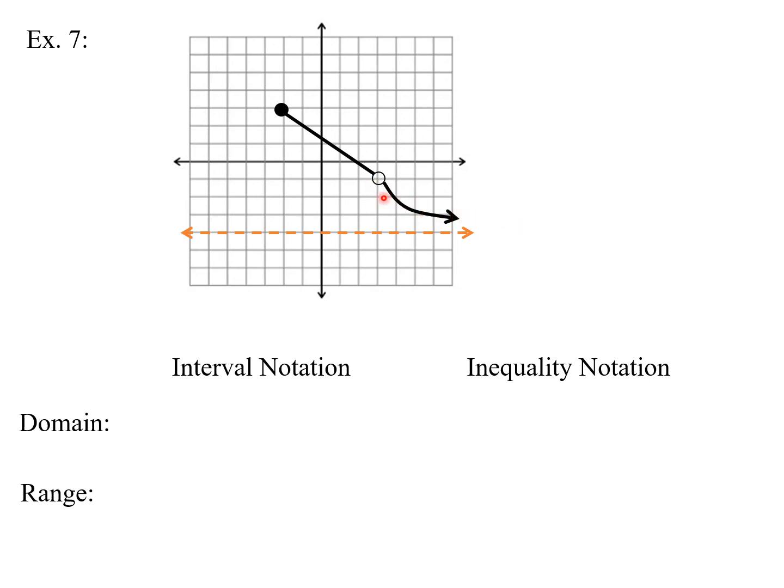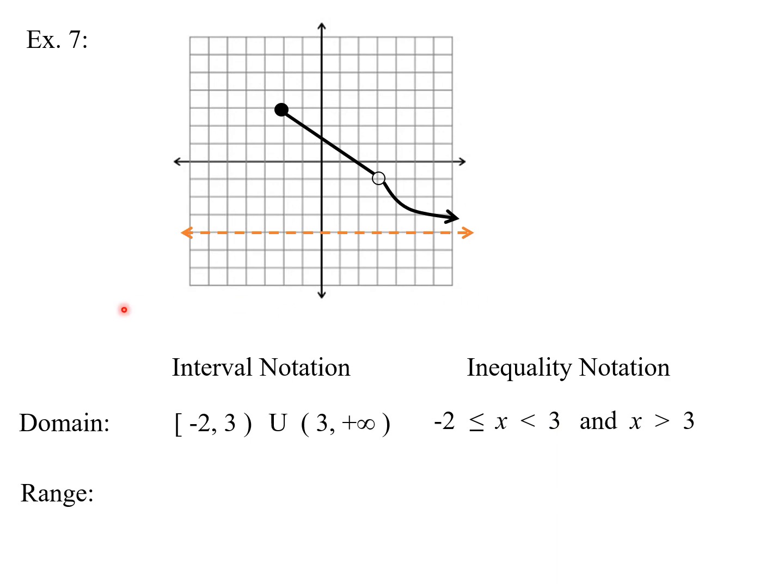So the first part of the domain is from -2 to 3, inclusive on the lower boundary, non-inclusive on the upper boundary. And then we have from 3 to positive infinity. In inequality notation, we can write it like that for the first part, and that for the second part.